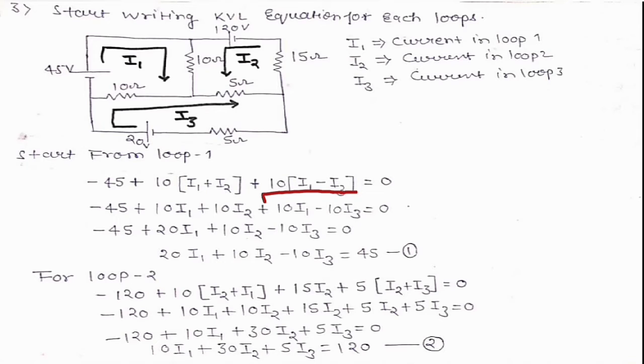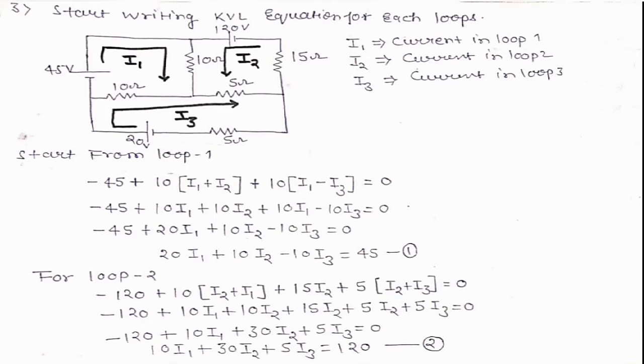Remember, again we repeat this: when two directions are opposing each other, that is the case of subtraction, so we get I1 minus I3, or we have the option of I3 minus I1. We have only two options.